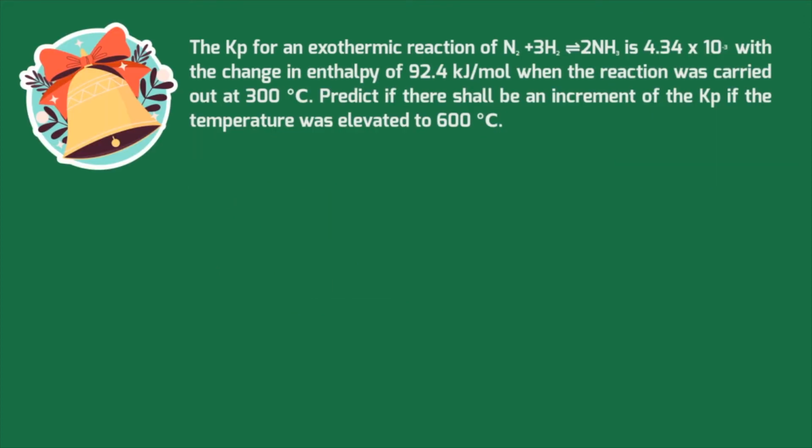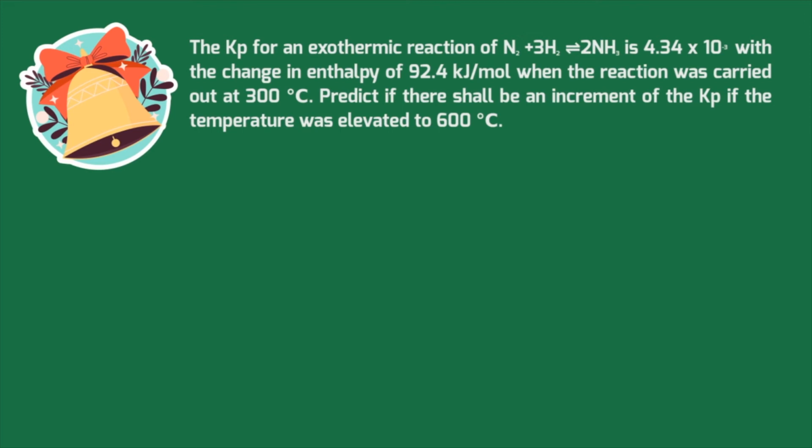Alright, let's move on to the next question. The Kp of an exothermic reaction of N2 plus 3H2 to produce 2NH3 is 4.34 times 10 to the power of negative 3, with the change in enthalpy of 92.4 kJ per mole when the reaction was carried out at 300 degrees Celsius.